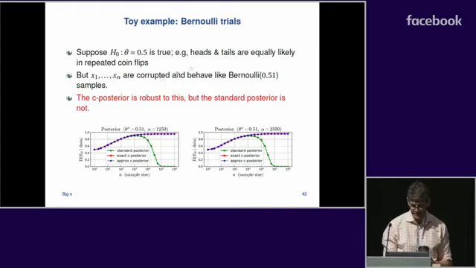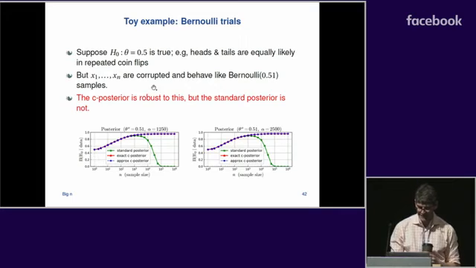So our C posterior is robust to this, but the standard posterior is not. On the x-axis is the sample size, which is blowing up, and on the y-axis is the posterior probability of the null hypothesis given the data. Okay? Technically the null hypothesis isn't true because it's 0.51, but it's really close to true.